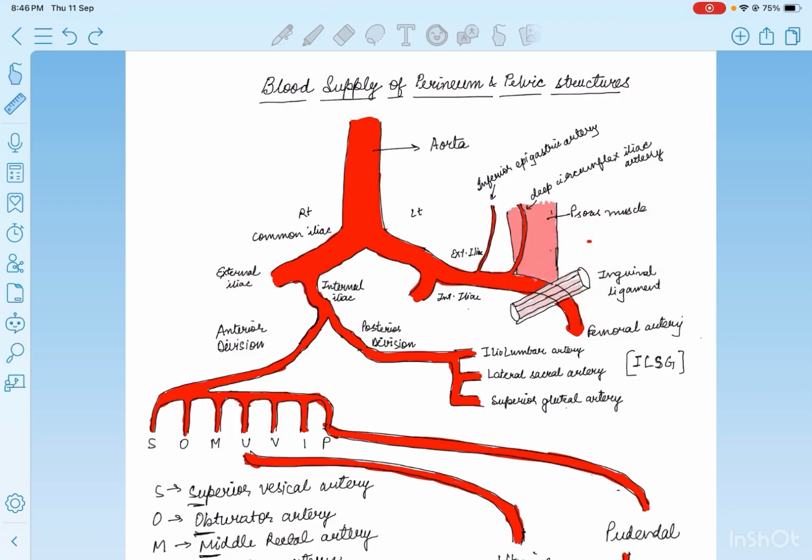Before exiting the pelvis, it gives two branches, the inferior epigastric artery and the deep circumflex iliac artery. The inferior epigastric artery will supply the rectus muscle and the deep circumflex iliac artery will supply the internal oblique and transversus abdominis muscle.